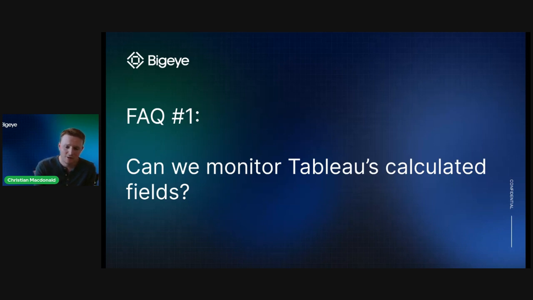So Bigeye does not currently support monitoring those calculated fields, and as an industry best practice, we only monitor the data that's in the conformed schemas used for the Tableau dashboards.